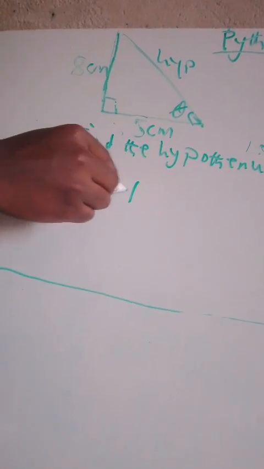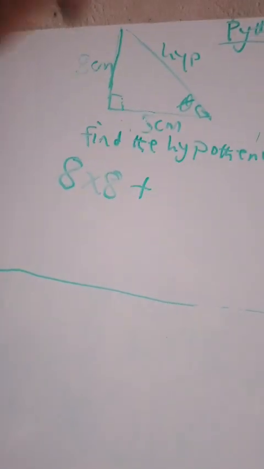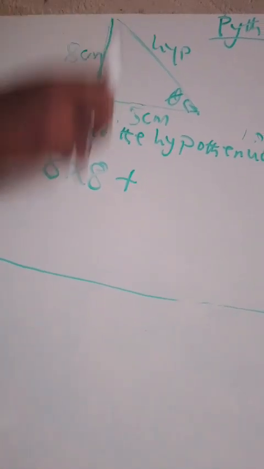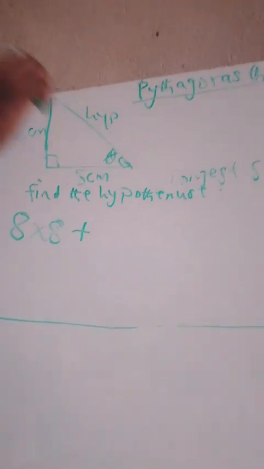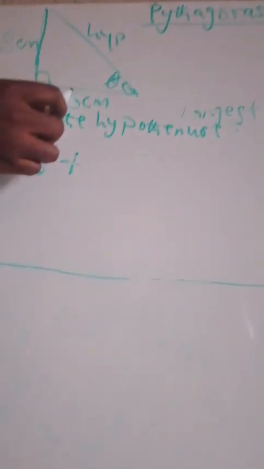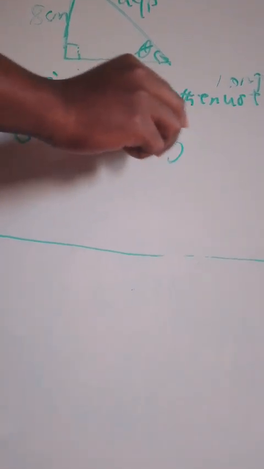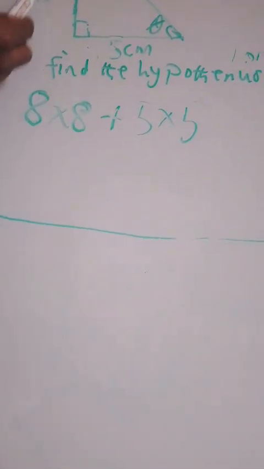Then you put plus. We are using plus because we are looking for the largest side. Always have this at the back of your mind. Then you come to this number, here is a 5. So you write 5 times 5. 5 here is squared, 8 here is squared.